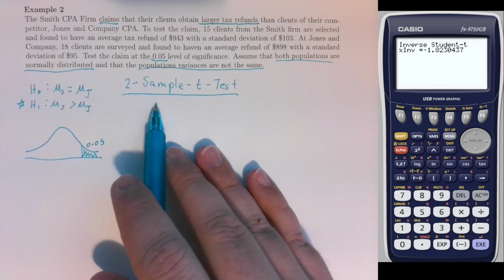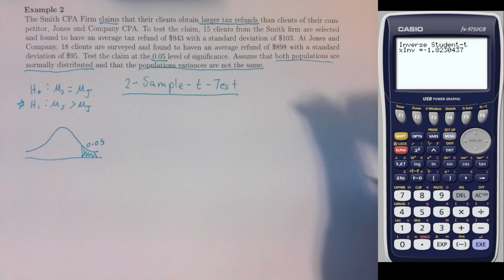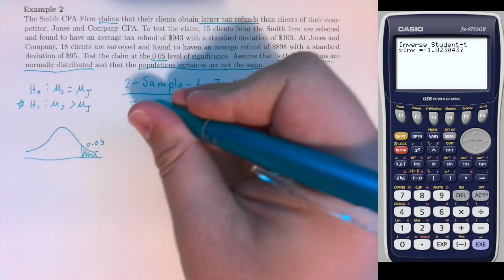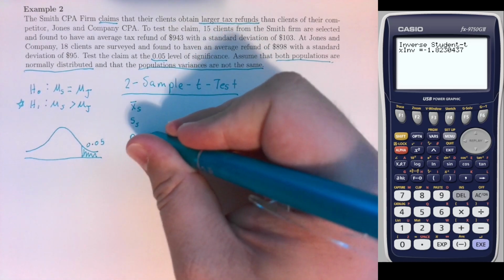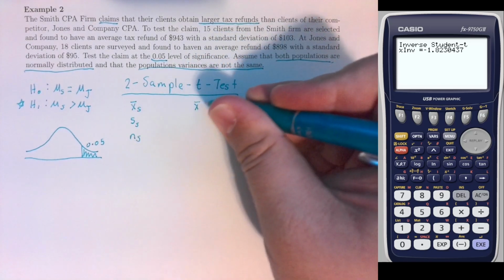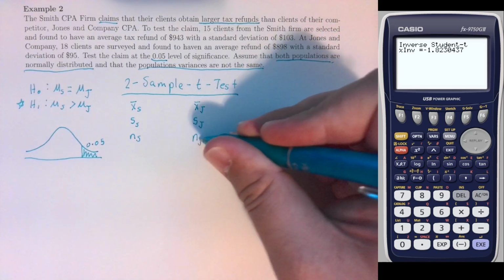Next, we need to put the statistics into the calculator to find the test statistic. So we're going to need x bar S, sS, nS, x bar J, sJ, and nJ.